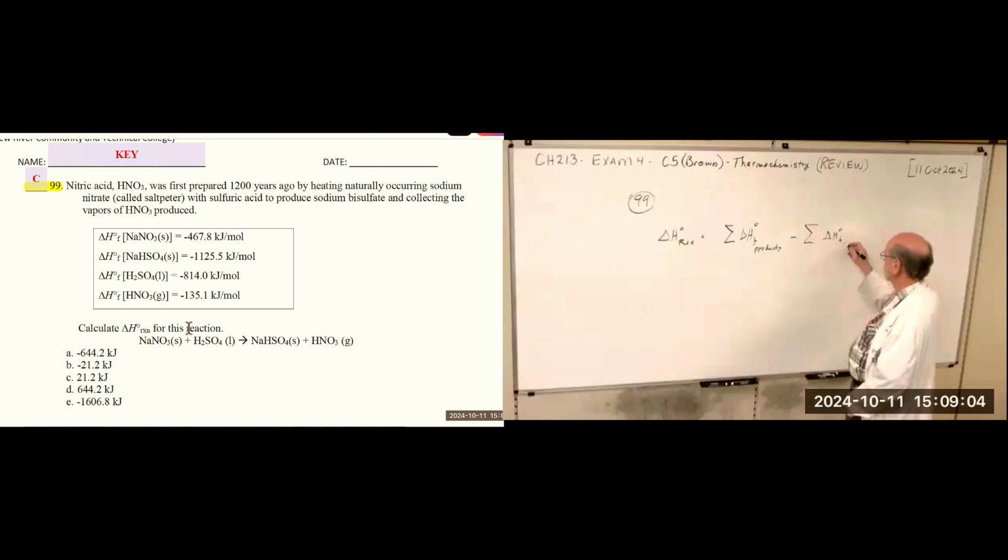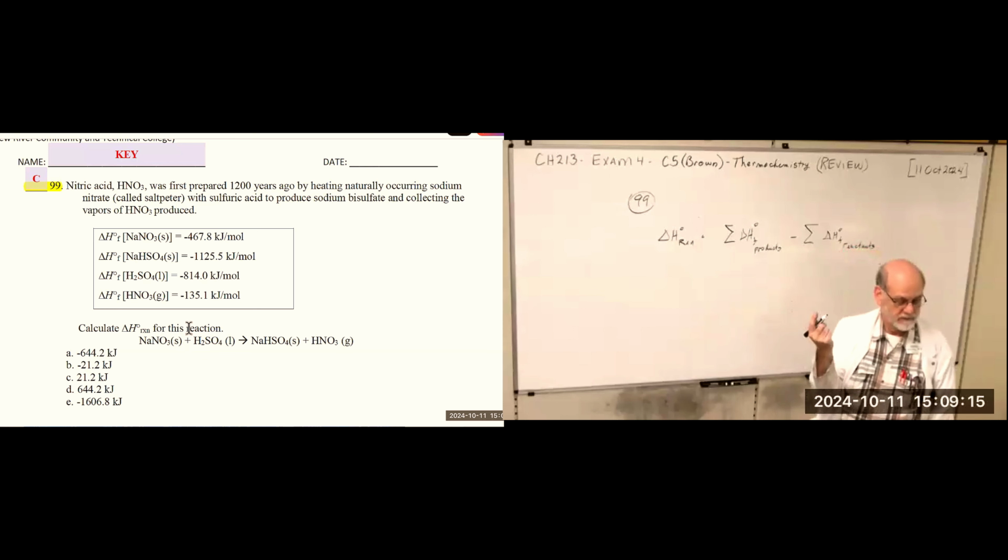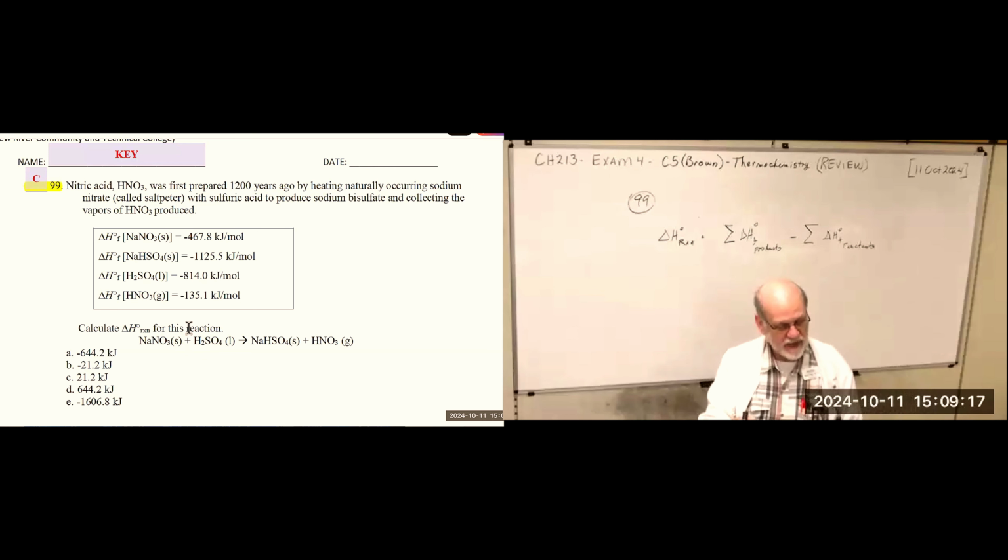Subtract the heats of formation for the reactants. Okay? And since they're all 1 mole, we multiply them all by 1. Heat of formation, of course, is based upon 1 mole of the compound. So if you have, in your equation, more than 1 mole, you have to multiply that times the value. Okay, in this case, we don't.